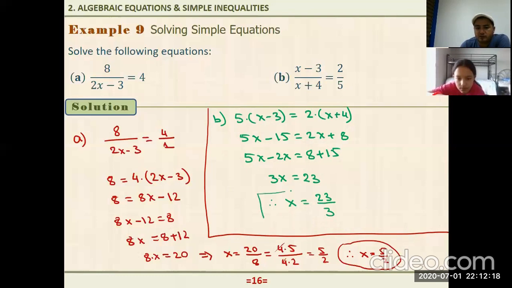That is the solution of the given equation. What does it mean? It means that we didn't know, it was an open sentence. Now we made it a closed sentence, a true, correct sentence. Because if you substitute 23 over 3 for x here, evaluate the left-hand side, it will be equal to 2 over 5.